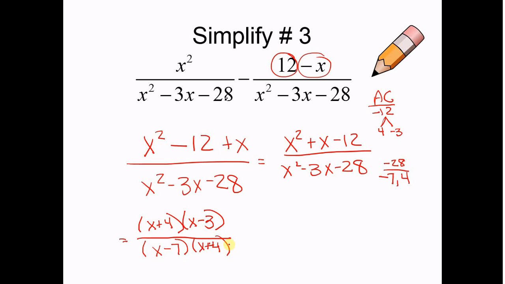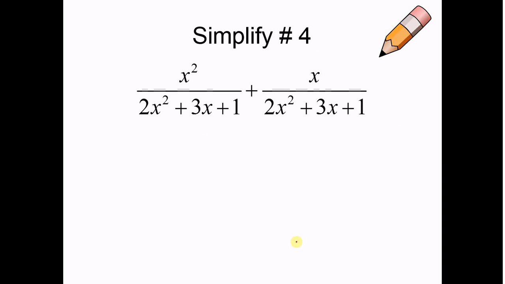You could do the boxes, but when I just have a 1 for my AC, I find the two numbers right away. x plus 4 and x plus 4 cancel out. Yes! So now I'm left with x minus 3 on top over x minus 7 on the bottom. That one is done. It's as simple as it possibly could be, which is marvelous.